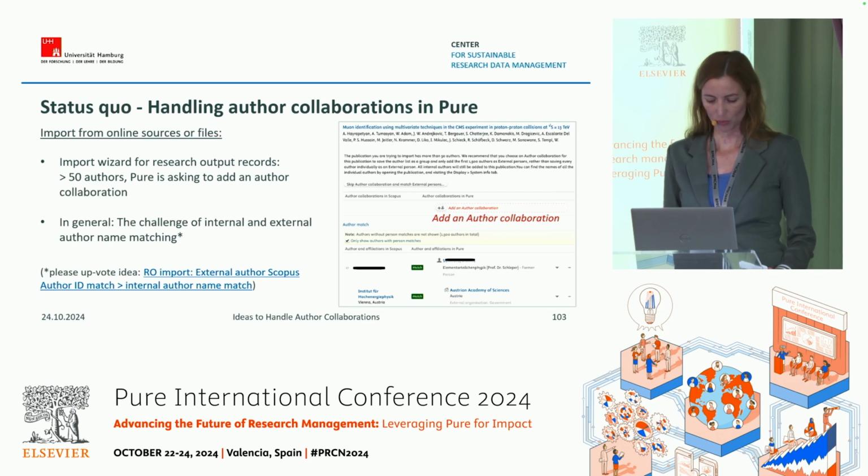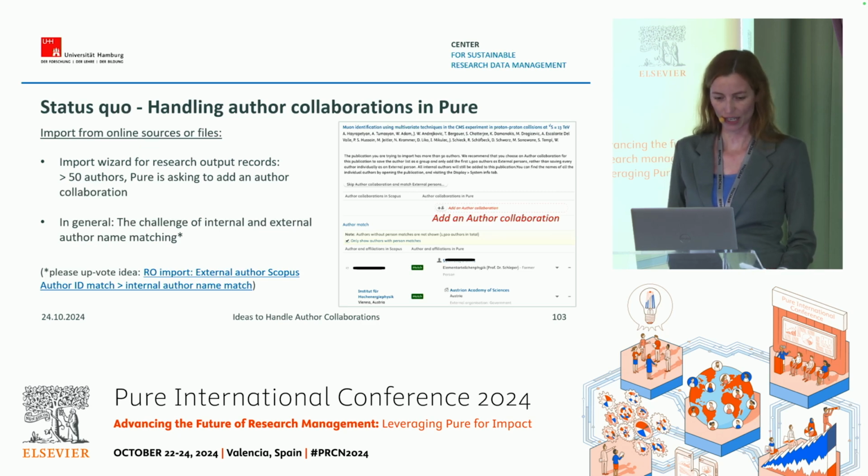When it comes to import from online sources or files, Pure asks to add an author collaboration when the author list exceeds 50 authors. And again, there's a challenge of internal and external author name matching. I also mentioned this 2 slides before.